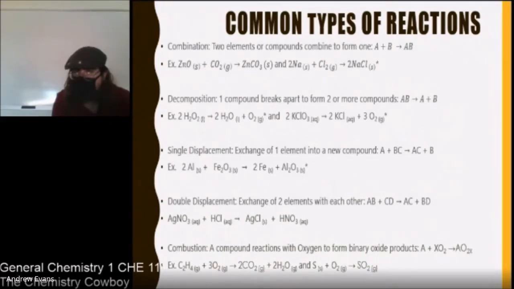Decomposition, one thing becomes two. Single displacement, an element and a compound switch places, so an element goes into a compound and produces a pure element. Double displacement, where two cations switch places between compounds, and combustion, which is kind of like a single displacement where oxygen comes in and makes some oxides out of a bunch of stuff it burns.